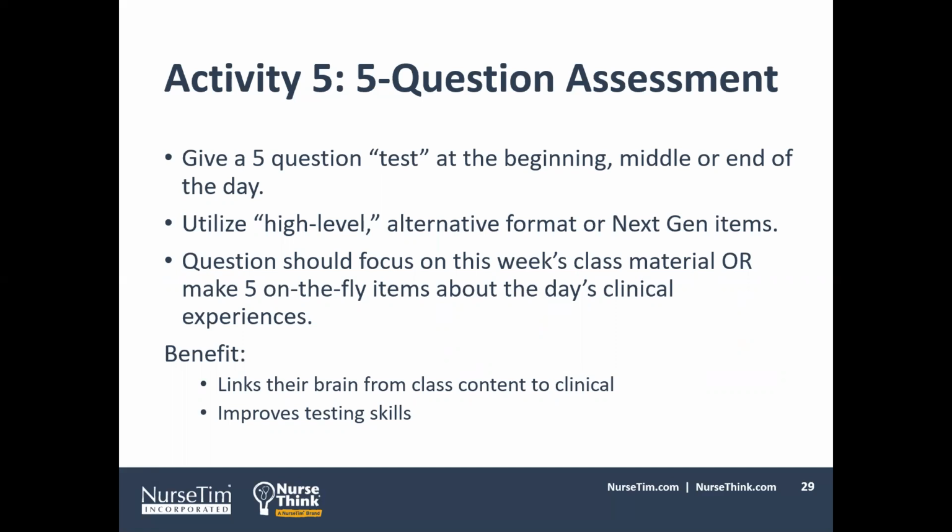If I give it right at the beginning of class, sometimes I'll give a very knowledge level 5-question assessment based upon the information they had to prepare before they came. If they are in the middle of lab or middle of simulation day, we may have 5-question high-level alternative format questions that I give to students. Or it might be the next-gen style item. You can do these 5-question assessments at any time.